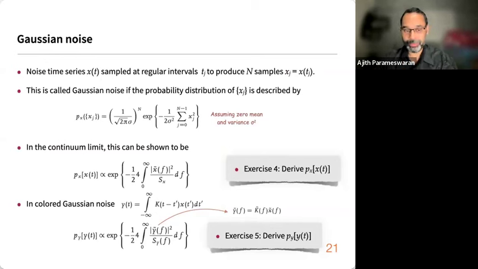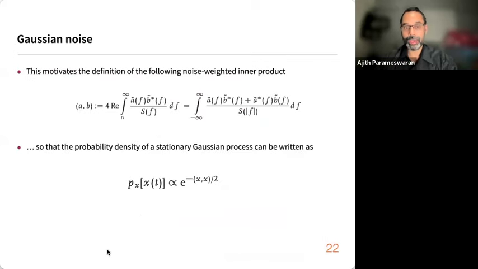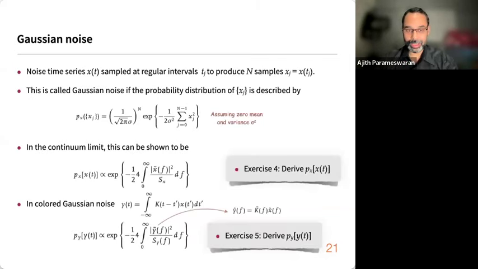So in summary, if you assume that the noise is Gaussian and if we can measure its power spectral density, we can compute the expected probability distribution for a given sequence of the observed data. It is given by this one. And you can see that this has a particular form. It is basically the absolute square of the Fourier transform of the data.